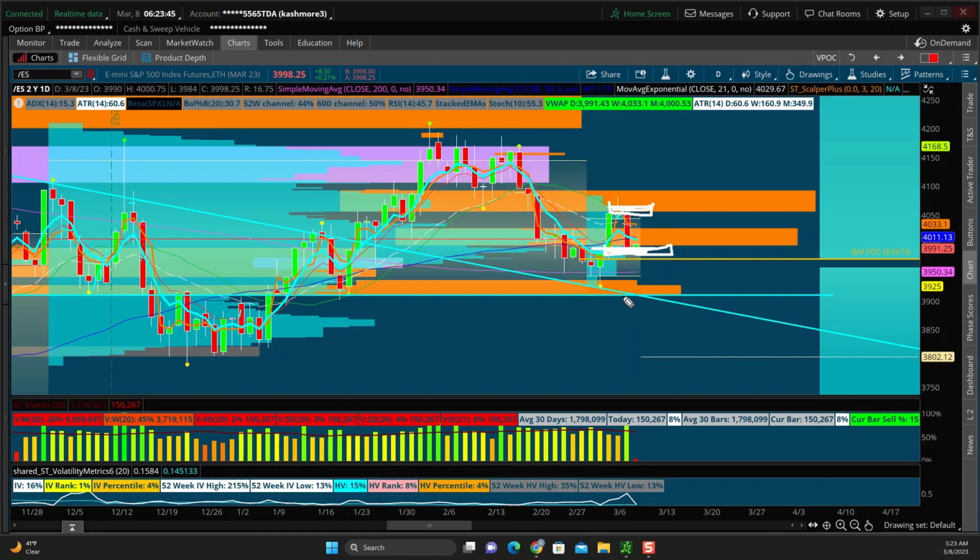Today, in terms of high probability trading, I only like the bearish scenario. Why? Because there's a lot more resistance than there is support. I know we're up about a quarter percent so far, but that doesn't mean it's going to change.